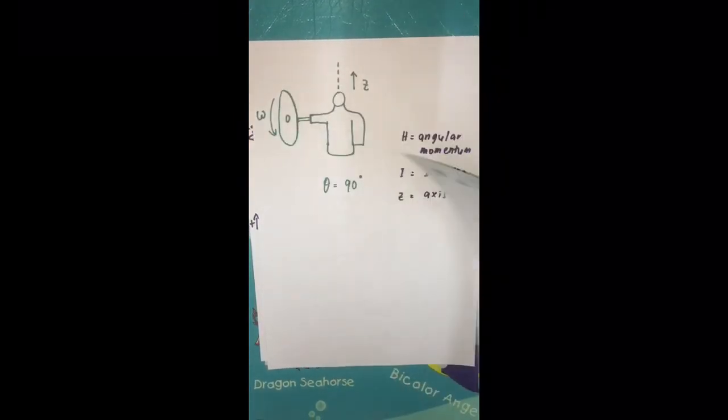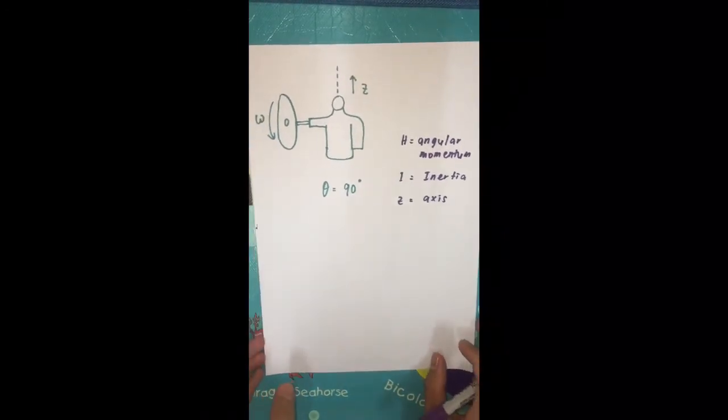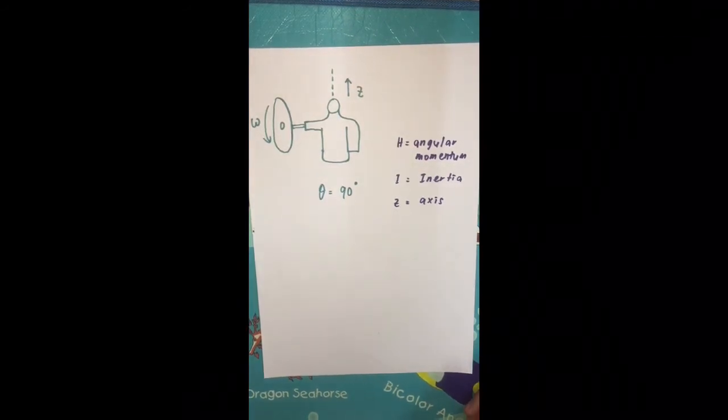For the next one, the second situation is when he holds the wheel out at theta equals 90 degrees.